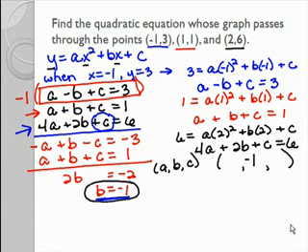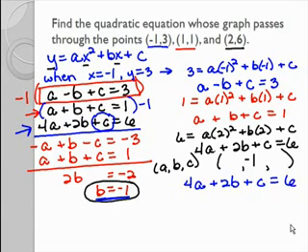So let's keep the third equation looking the same, and I am going to combine it with the second equation. If I want that c value to cancel out, I have to multiply the second equation times a -1.